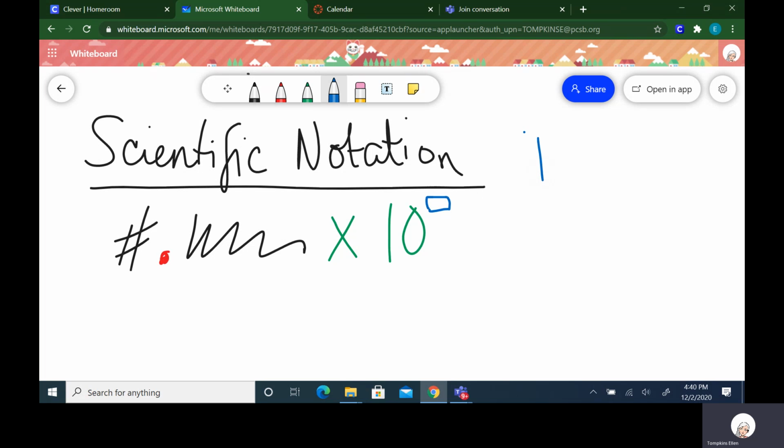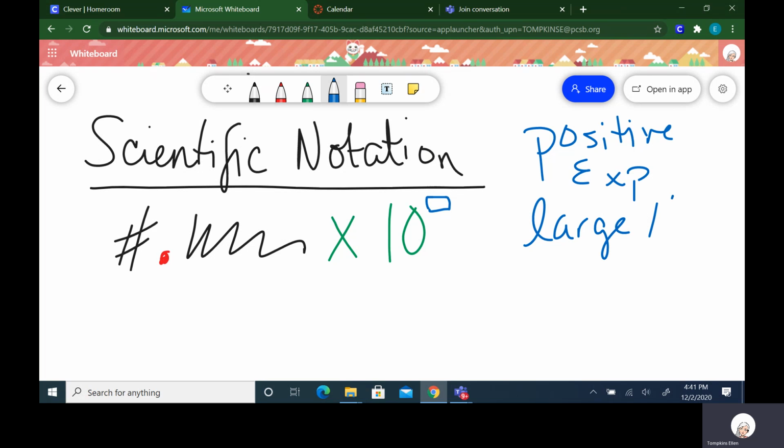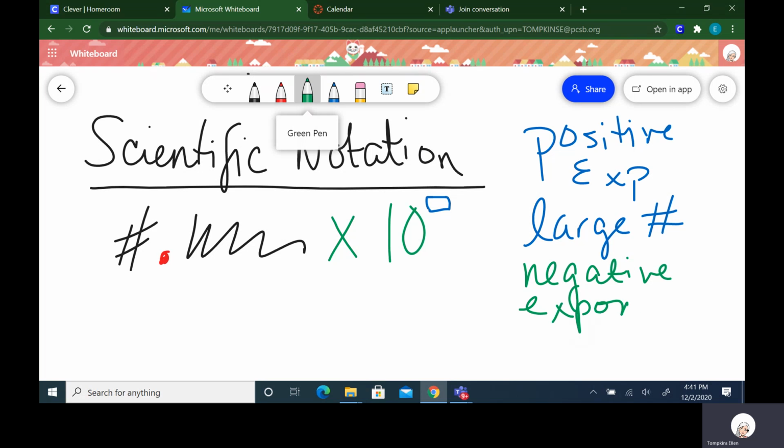If it is a positive exponent, then you have a large number. So that's that Earth to Jupiter number. If you have a negative exponent, that's your tiny number, or a small number. That is measuring a cell or a bacteria or something like that.